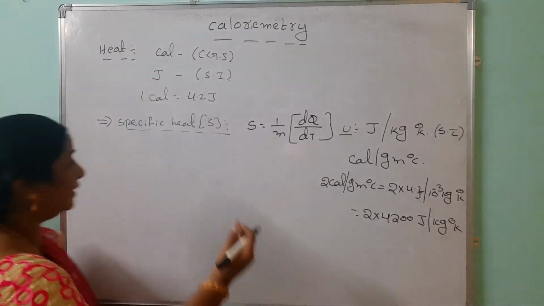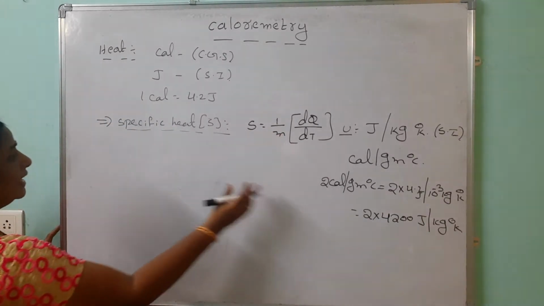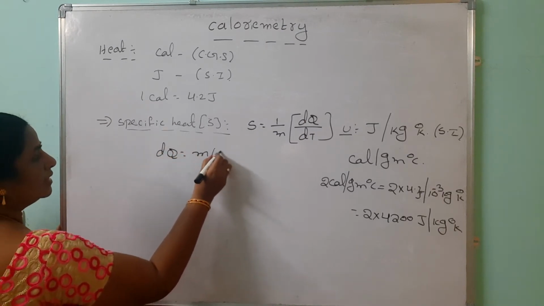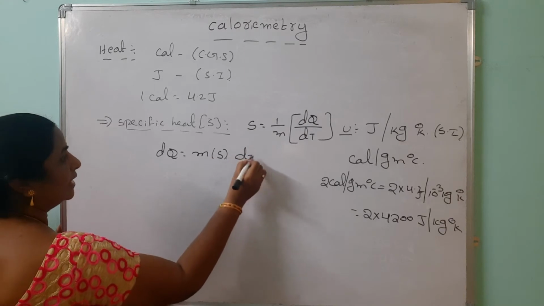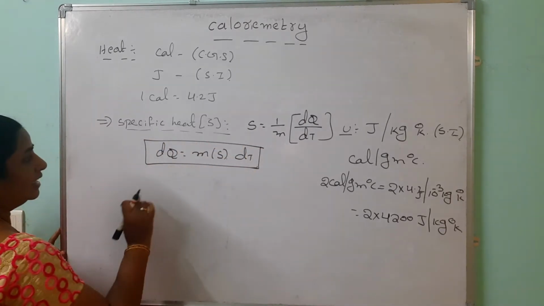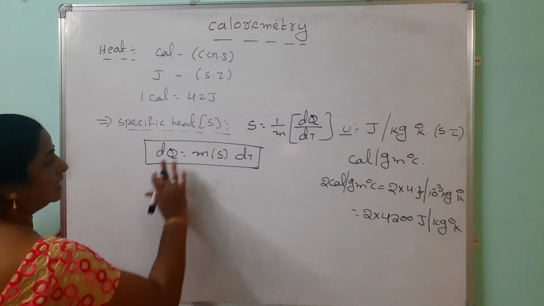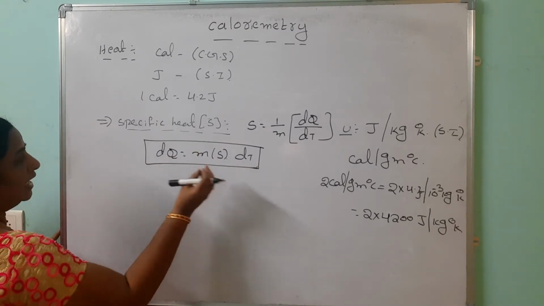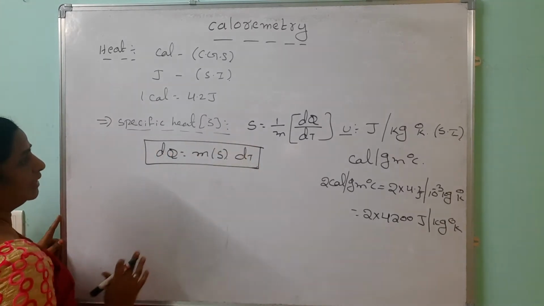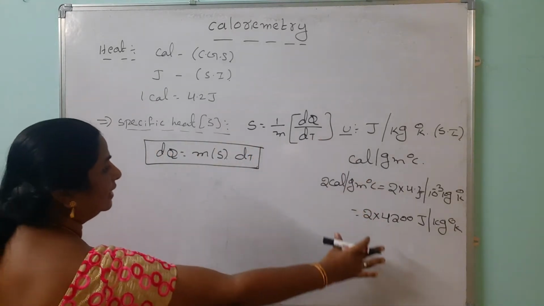Then come to this point. From this we can write the expression dQ equals M into specific heat into change in temperature. From this we can find the change or flow of heat energy. In future thermodynamics we use this concept. So this is the specific heat formula, and these are the units for it.